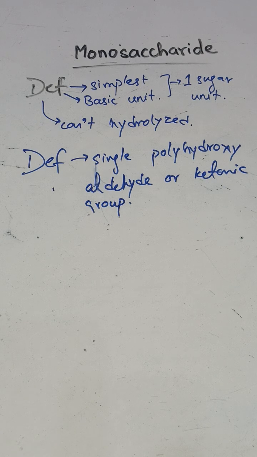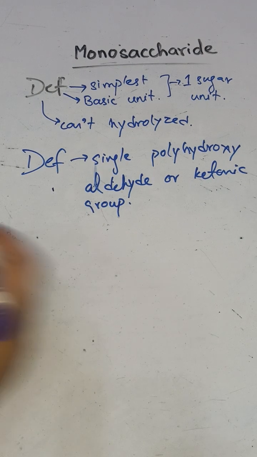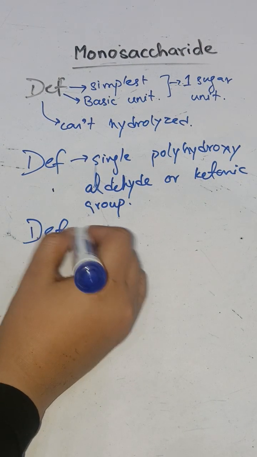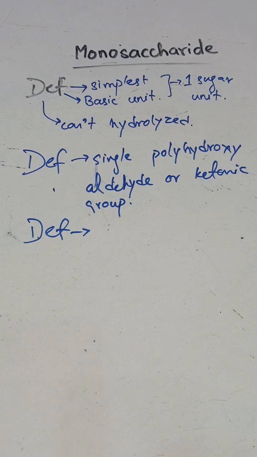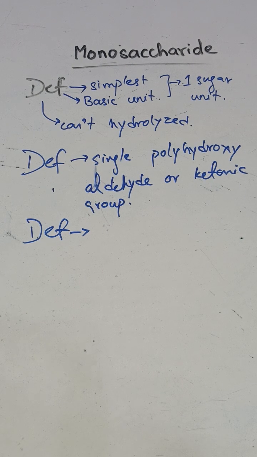And there is a third definition which is longer than the first two, but you can remember it. It's very easy to remember, so you can remember all three of them and write them down in your paper or in your viva whenever someone asks about it.